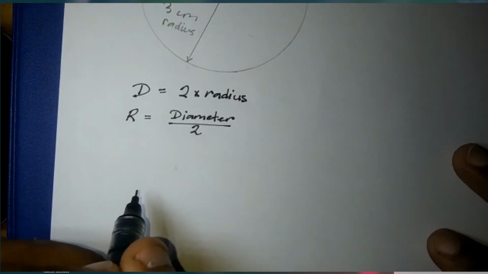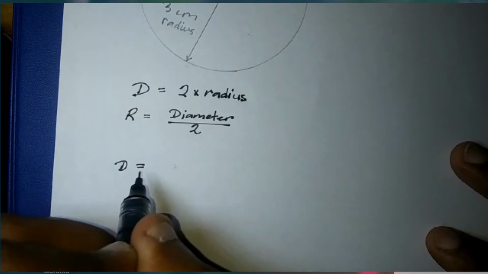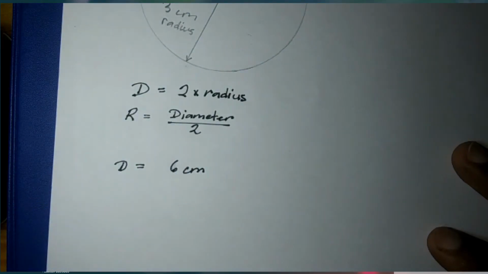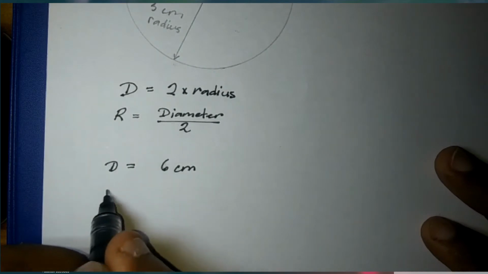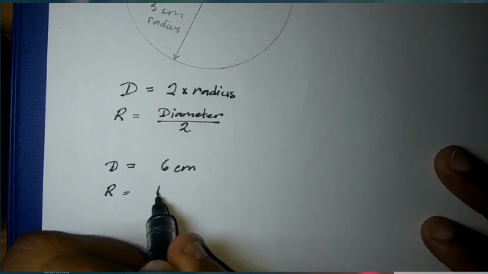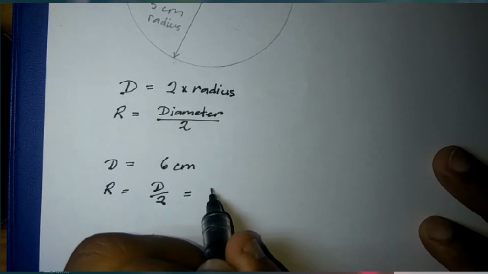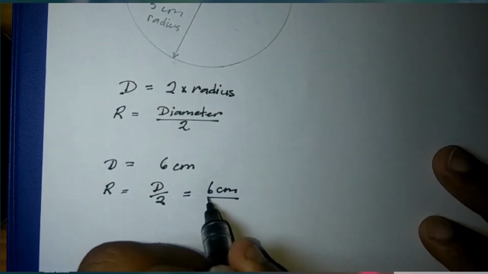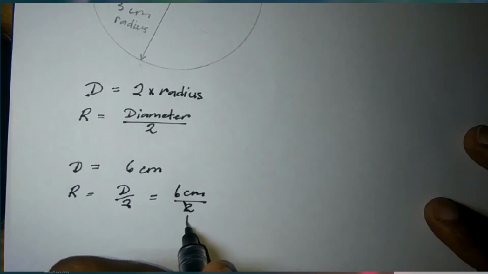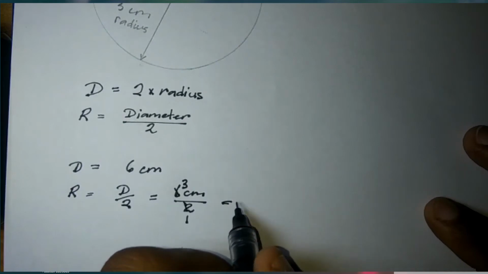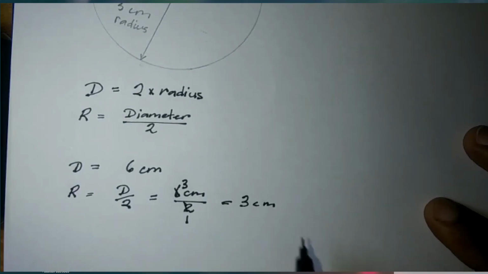So if I had a diameter which is equal to 6 centimeters, to calculate the radius, I will have to divide my diameter by 2. So I'm dividing 6 by 2, and 2 into 6 goes 3 times, so my radius for this circle would have been 3 centimeters.